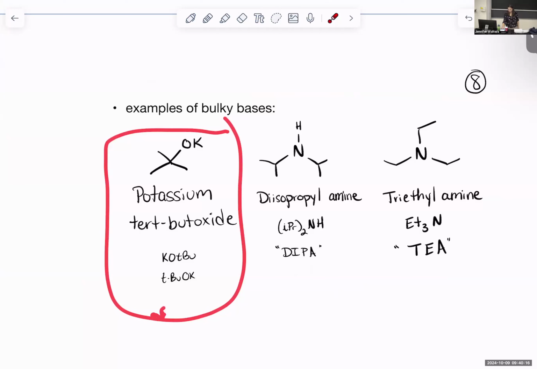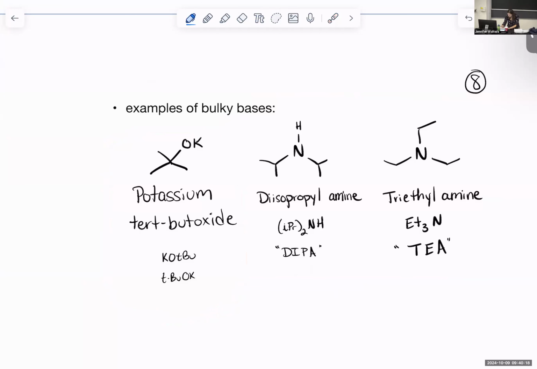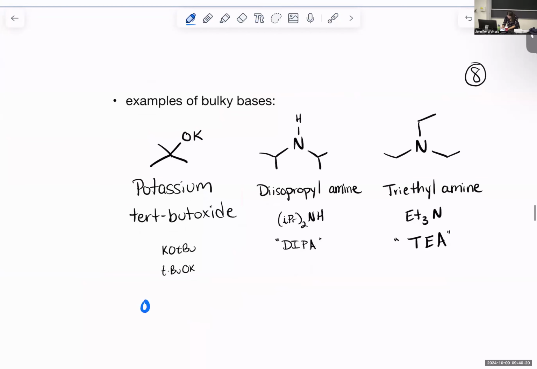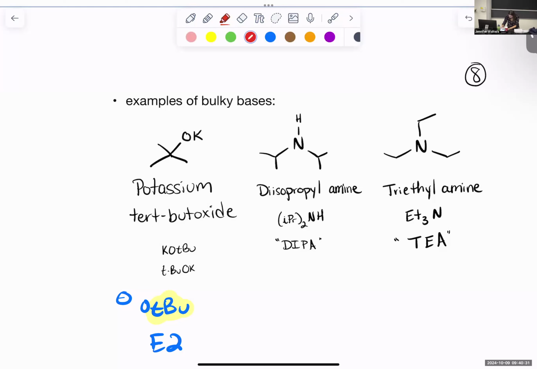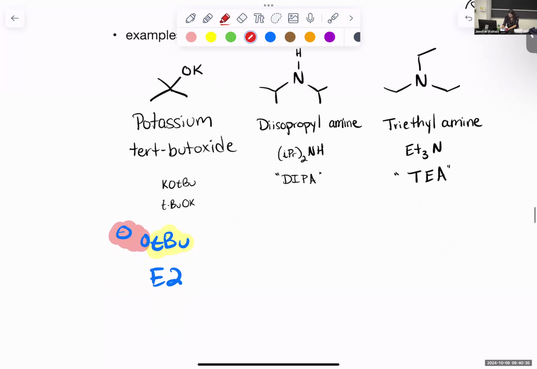If you see tert-butoxide, that OtBu minus, I want you to immediately think E2. It's both having that tert-butyl and the O minus. That together equals E2 because it's a strong base and bulky. So E2, and specifically the Hofmann product.